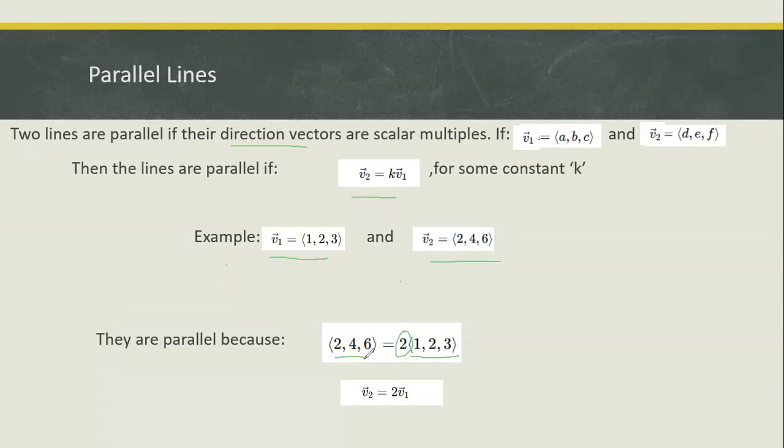Therefore we can say that vector V2 is equal to 2 times vector V1. It's basically simple multiplication. If you multiply 2 by 1, it gives you 2. If you multiply 2 by 2, it gives you 4. And if you multiply 2 by 3, it gives you 6, which are the multiples they refer to.